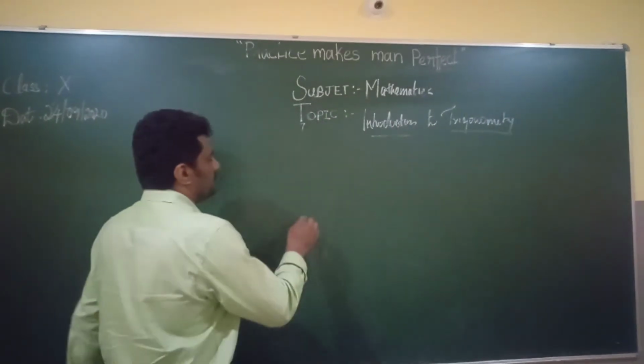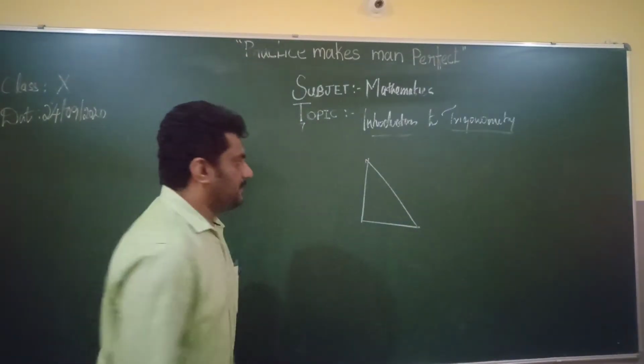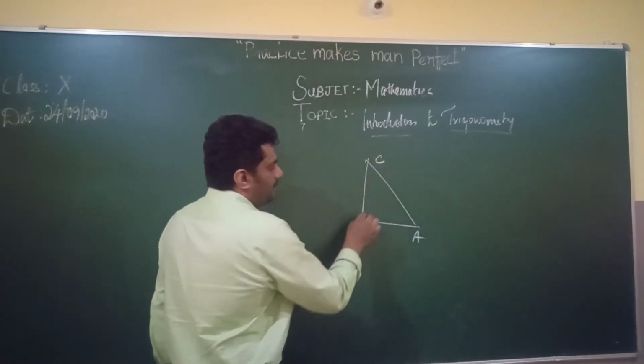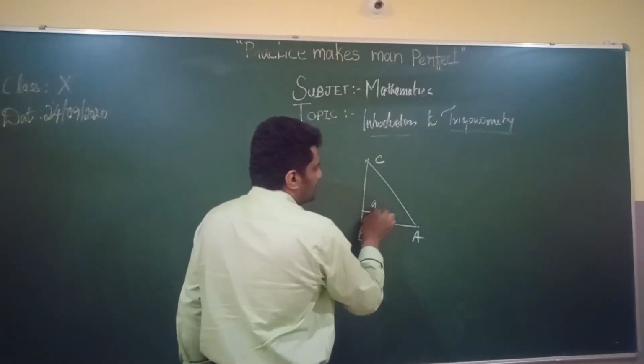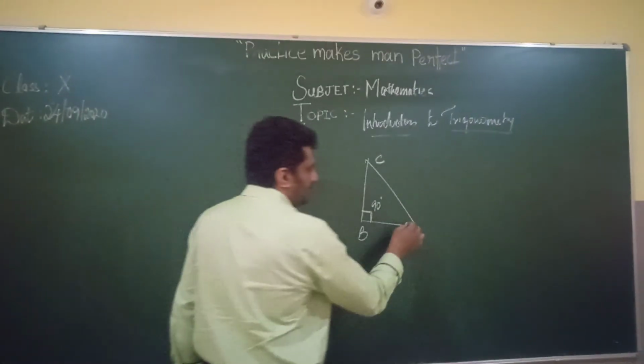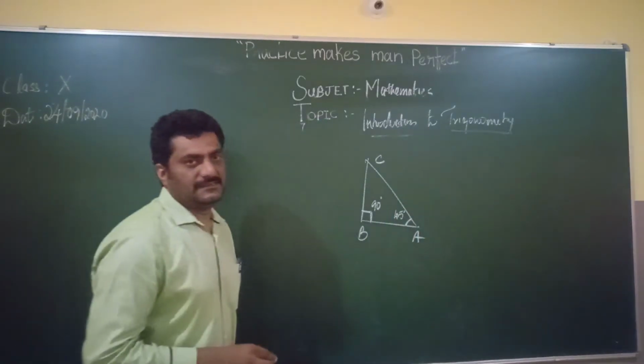What I meant was, for example, I have a triangle like this, and this is A, B, C. We already know this is 90 degrees. Let's assume that this is 45 degrees.